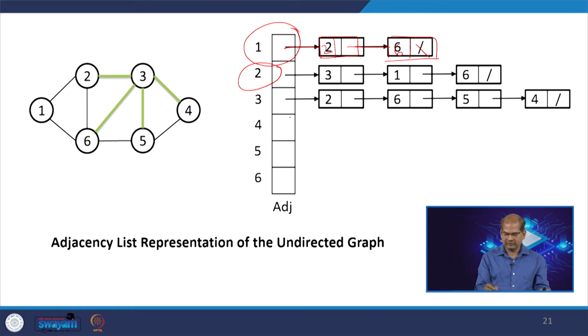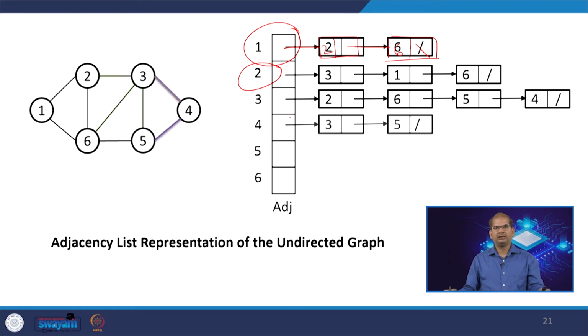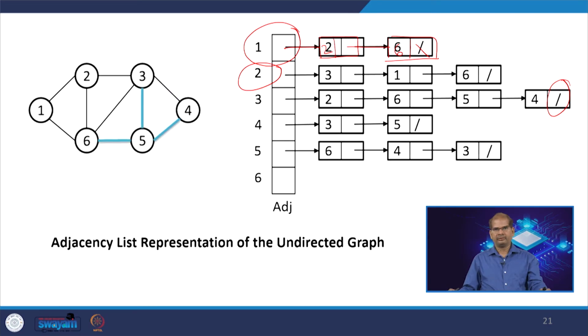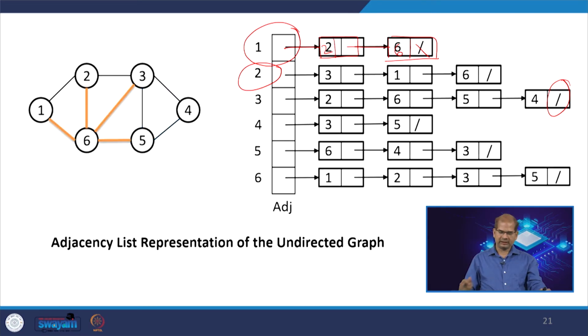So, this is the list for node 3. By that method, remember that the last one is a null pointer to denote that there are no further edges in the list. So, this is the adjacency list representation of an undirected graph.